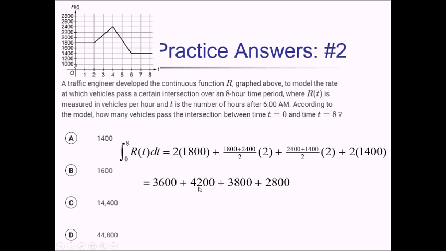If we add all this together, well, 42 and 38, that's going to give us 8,000. Plus another 3,600 is going to be 11,600. Plus another 2,800. That's going to be, let's see, 13,600 plus 800. 14,400 altogether. So that's how many vehicles are passing that intersection, and that is choice C.